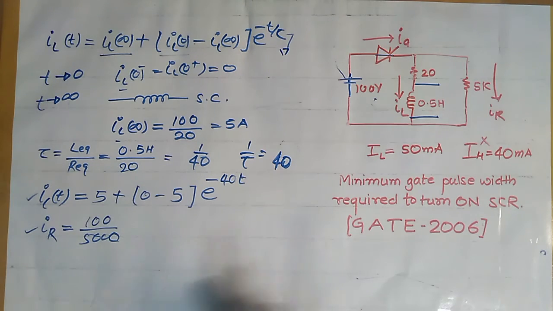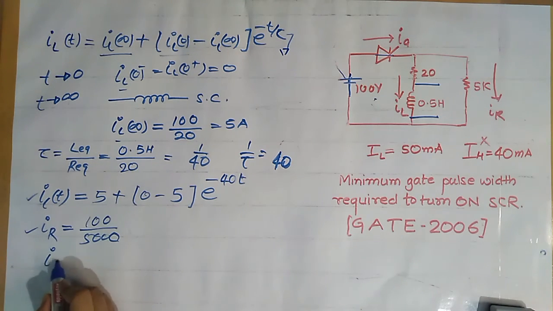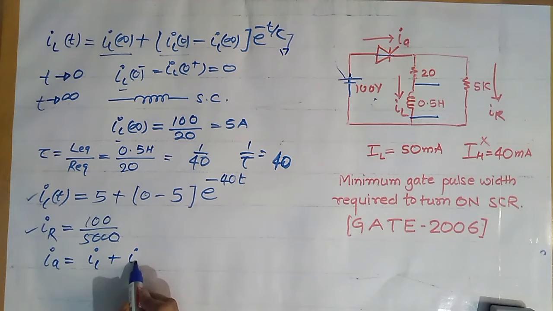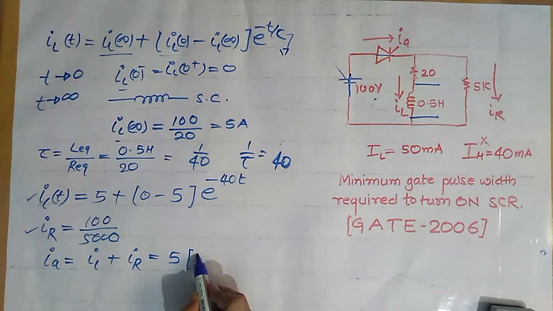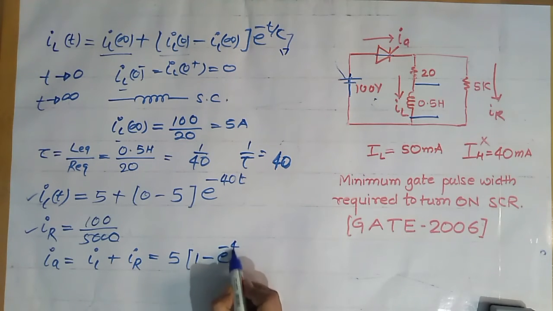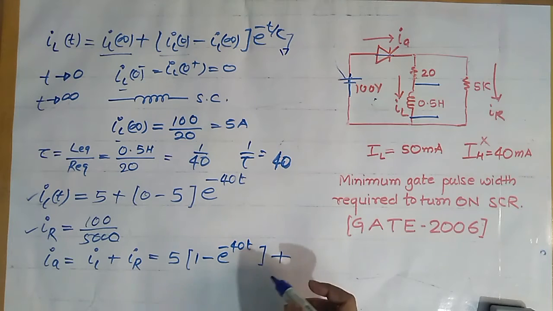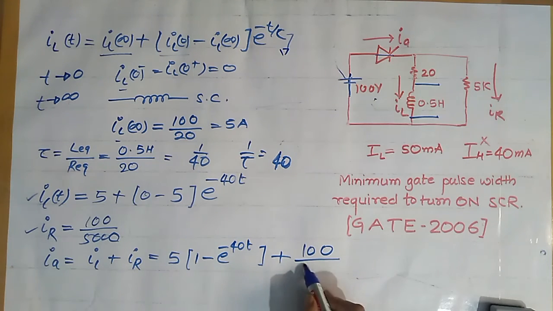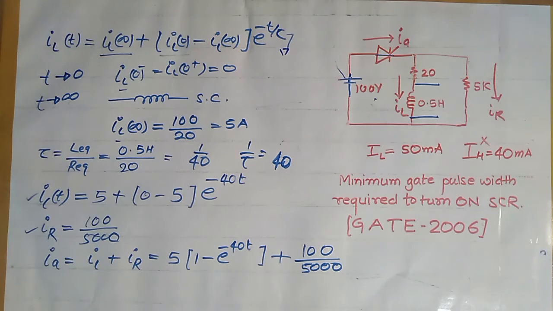Now what is the anode current? Anode current is simply equal to IL plus IR. IL, simplifying this, is 5 times (1 minus e to the power minus 40t), plus IR, and IR is equal to 100 by 5000. We know that to turn on the SCR, this anode current must be equal to 50 milliampere.